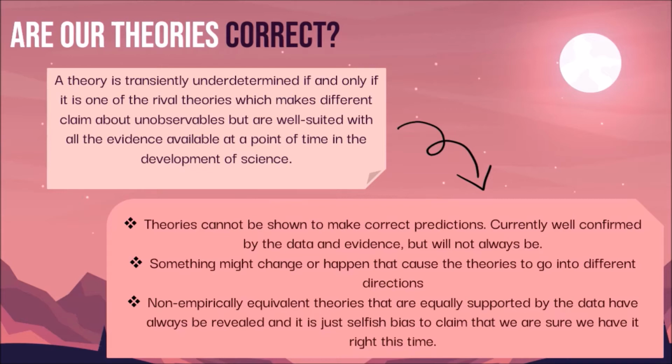Something might change or happen that causes the theories to go in different directions. Non-empirically equivalent theories that are equally supported by the data have always been revealed, and it is a selfish bias to claim that we are sure we have it right this time. Note that you may break the tie between the rival theories in such underdetermination.